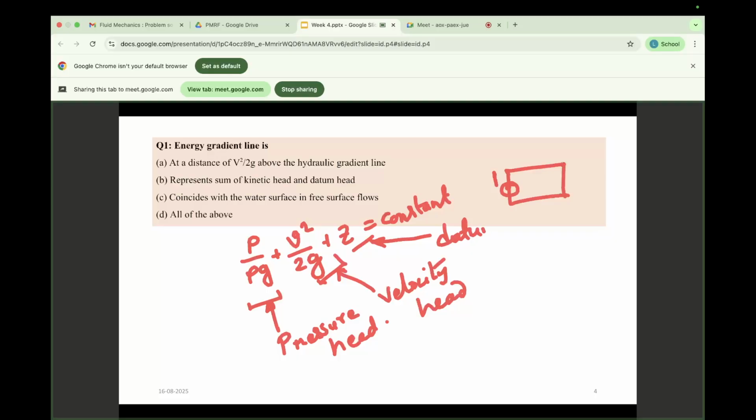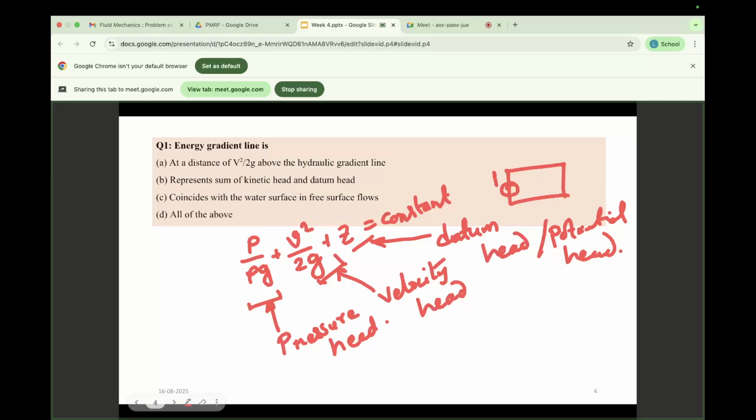Whatever you want, you can call it datum head or potential head. So this is basically the sum of the pressure energy, the velocity head which means the kinetic energy, and this z represents the potential energy. So the sum of the pressure energy plus kinetic energy plus potential energy should be constant. That is the fundamental of Bernoulli's equation.